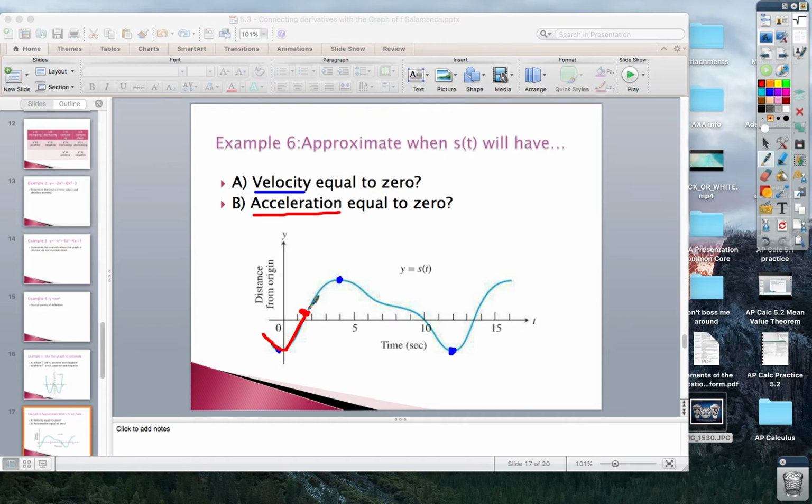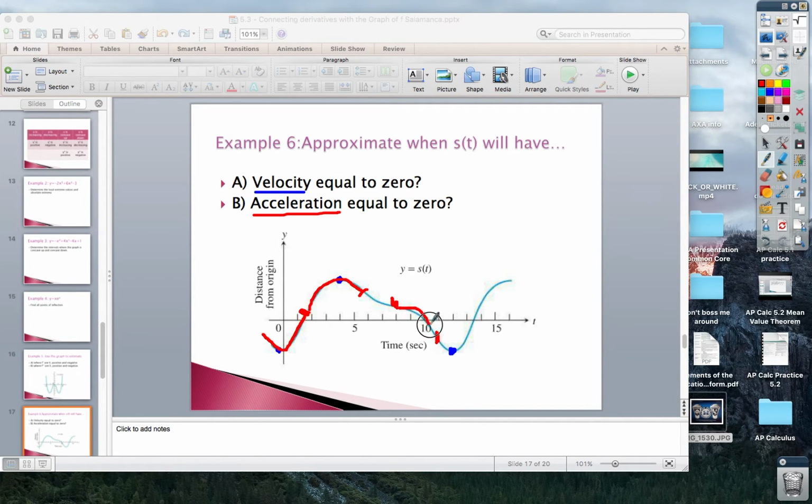It was going concave up, now it's going concave down, and about here, which is about 5.2, 5.1, give or take, to about 8, it's concave up, and then from 8 to about 11, it's concave down again.